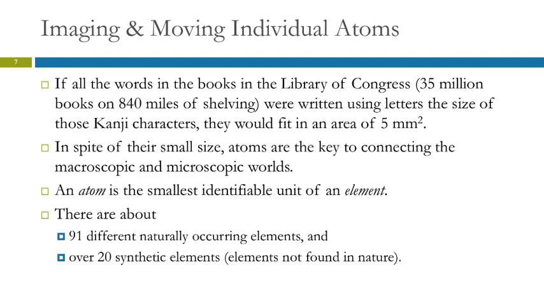Recently, the periodic table was updated, and these last few, like 118 and 117, those guys were given names. Those are all man-made. They're extremely unstable, and so you can make them, but then they just come apart almost immediately. So 91 naturally occurring elements.